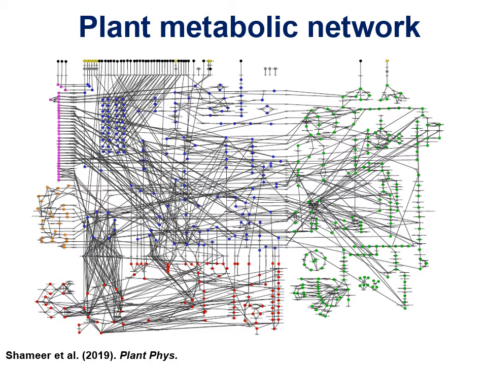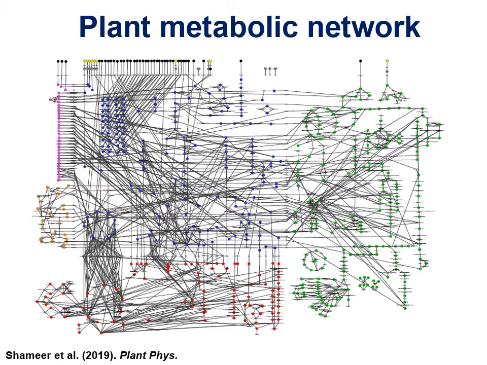Here you have a plant metabolic network, which I showed you in the previous class. Basically, circles are nodes, and they are connected by links when you have interactions between the metabolites or the enzymes that produce these compounds.